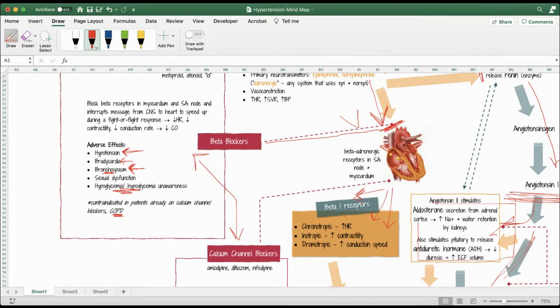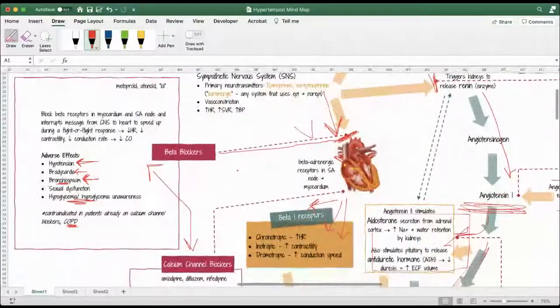So a beta blocker can hide the signs of hypoglycemia. The signs of hypoglycemia are like a tremor, palpitations, and a fast heart rate. Those things are usually caused by epinephrine and norepinephrine, right, signaling the body to react to something.